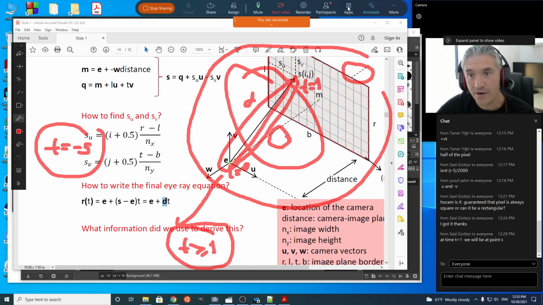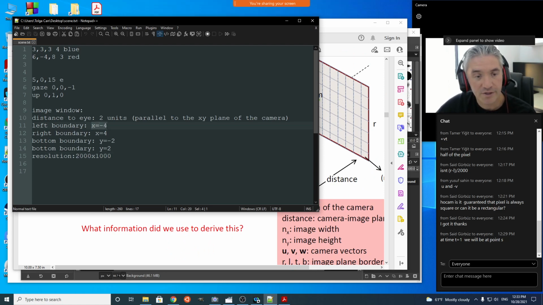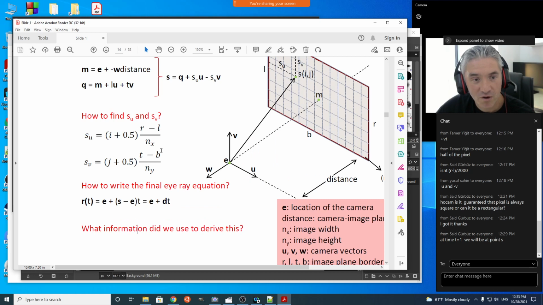All of them are in our scene file: L, R, B, T, NX, NY, everything is here. This is D, so just plug them here. We have the gaze vector and the eye point, so we plug them into our function, find the coordinates of our pixel, and generate our ray.